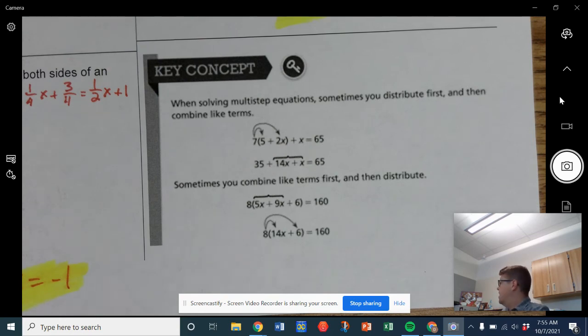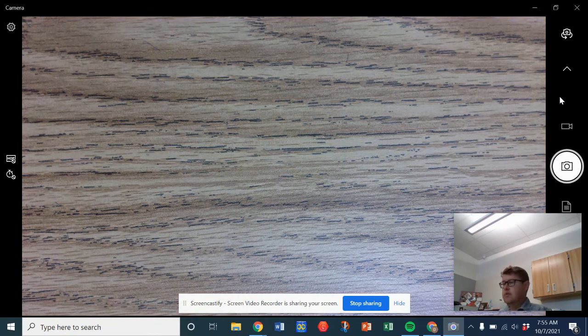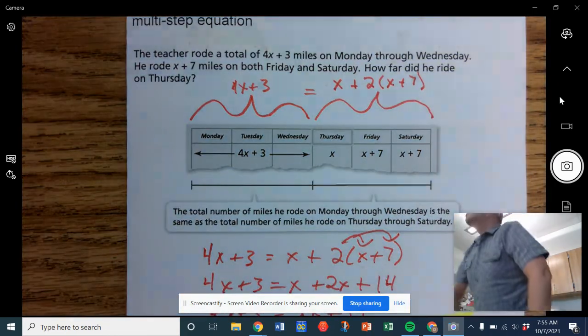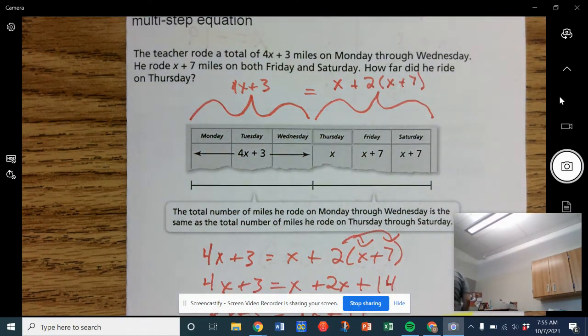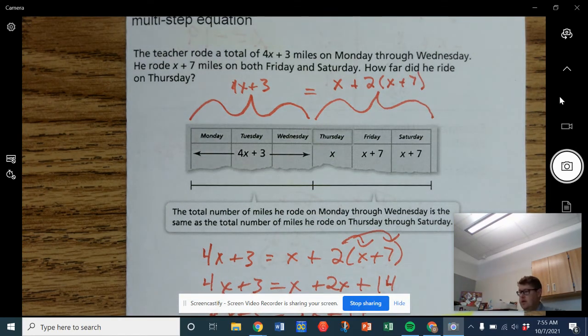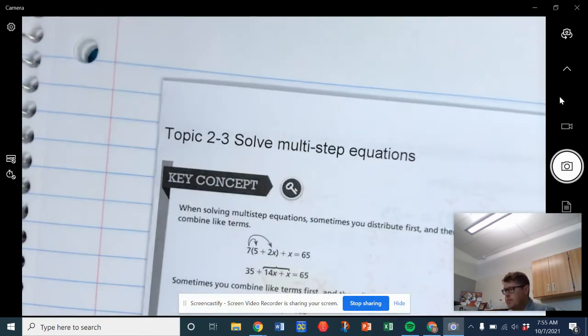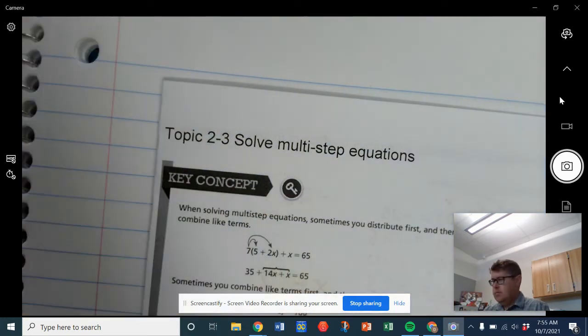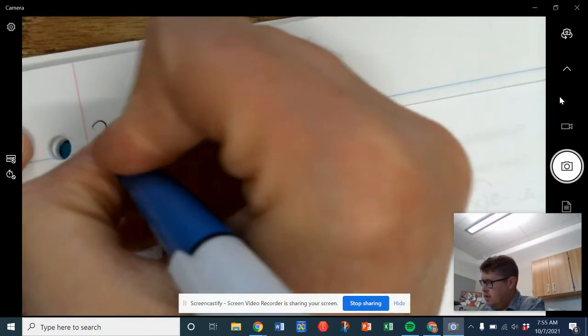Let's see. Where is my note? I'm going to fold that in half. Let me go find my notebook real quick. All right. This is going to go on page, I don't know, 21 maybe? Okay. So it's going to go 2-3.